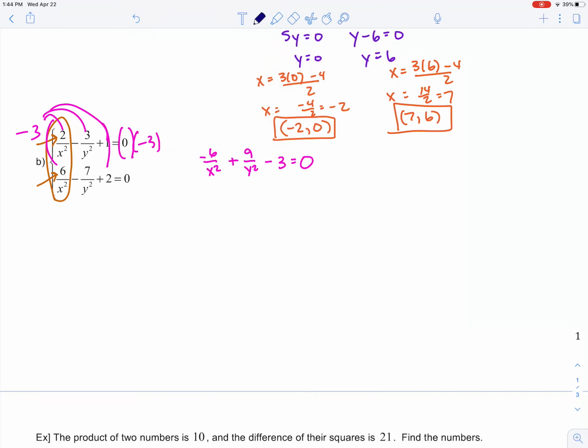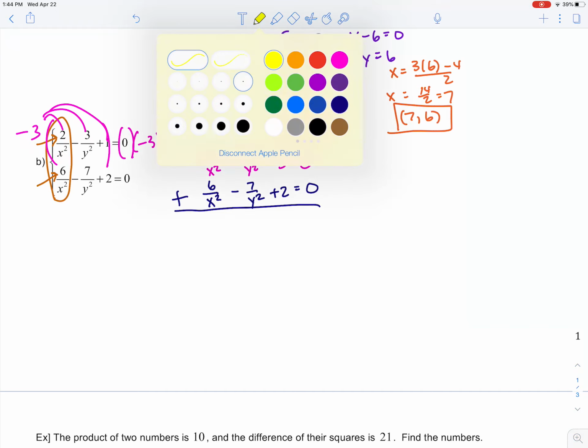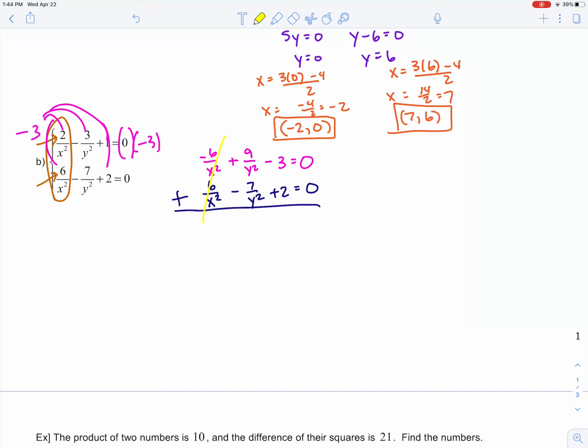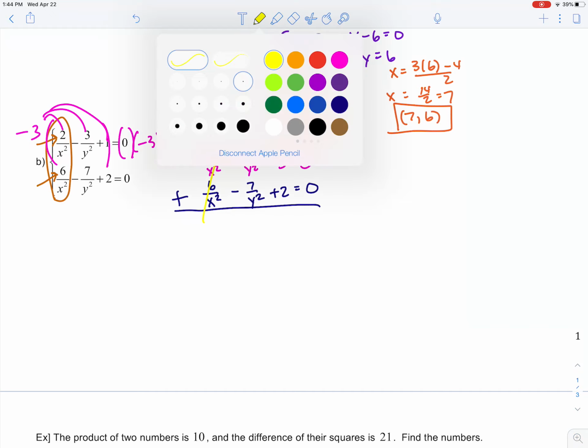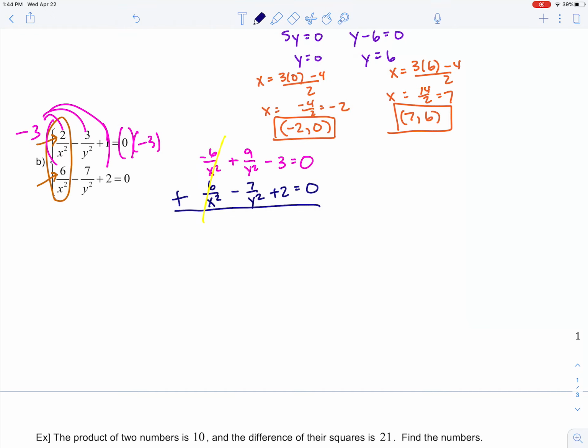Now I will rewrite the other equation below it, which I'm not changing at all because these have opposite coefficients, which is exactly what I wanted. And now I will do elimination by adding these two equations together. So what's getting eliminated is this first term. -6 over x squared plus 6 over x squared is 0. Then I have 9 minus 7, 2 over y squared, minus 1 equals 0.